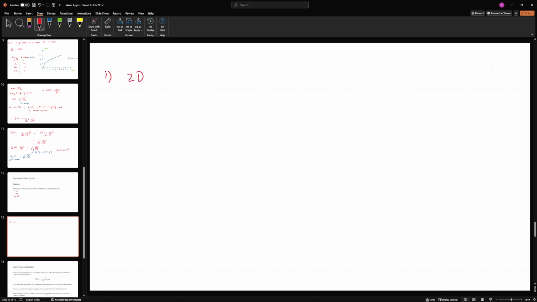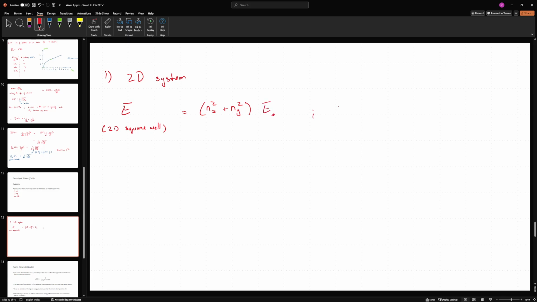So for a 2D system, I know the energy E for a 2D square well is given by nx squared plus ny squared times E naught.